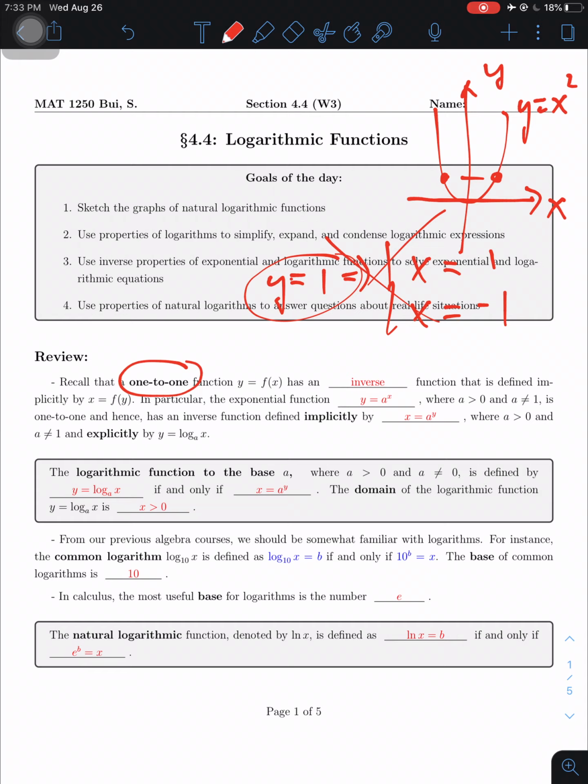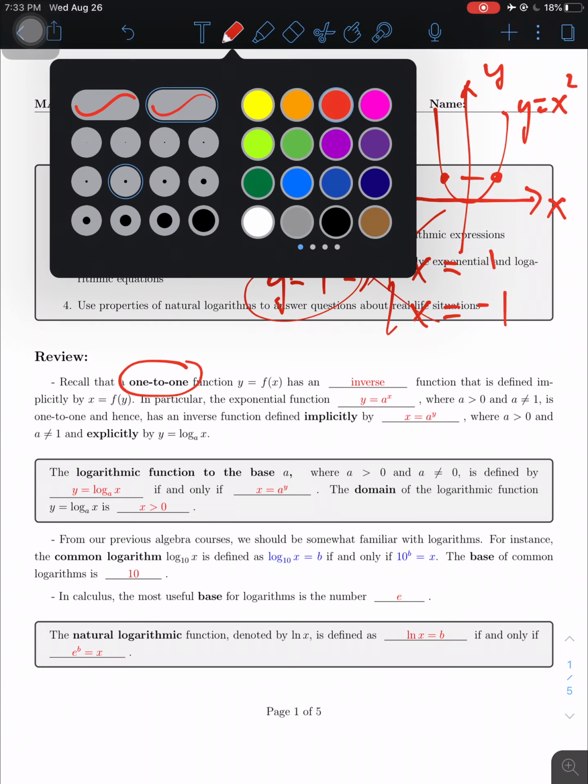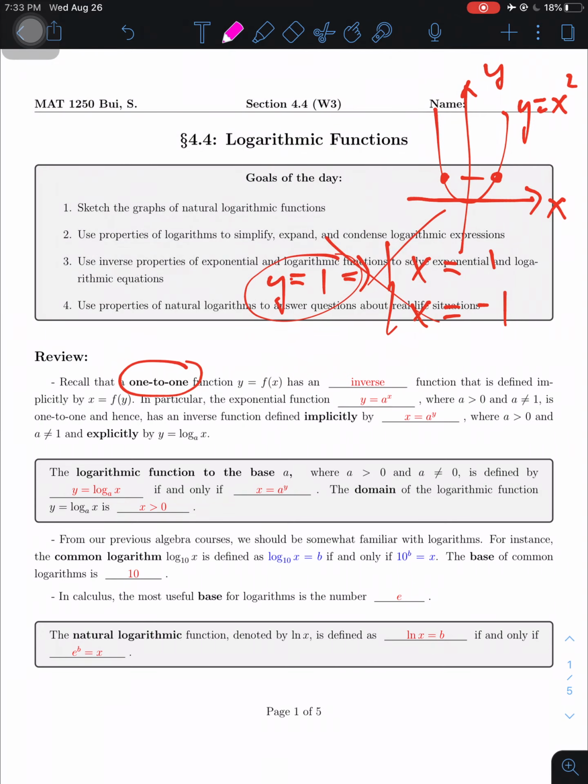Okay, and if you don't want to think about it that way, remember we also learned about the horizontal line test. It tells you to just imagine you have a pen or a pencil and you move it across your graph. Right here it doesn't have any contact whatsoever with the graph. Right here it touches the graph only once.